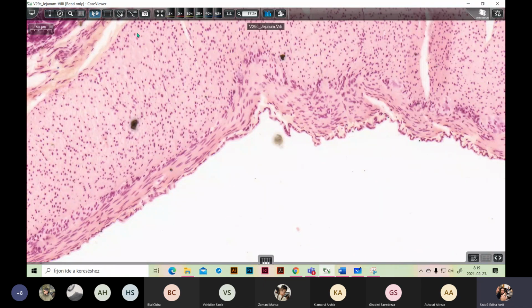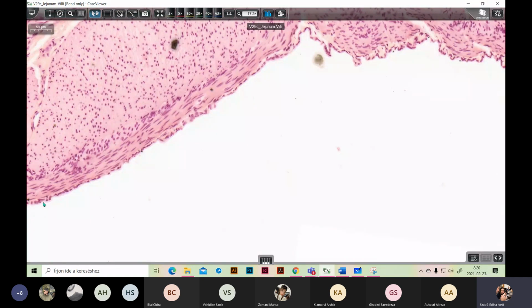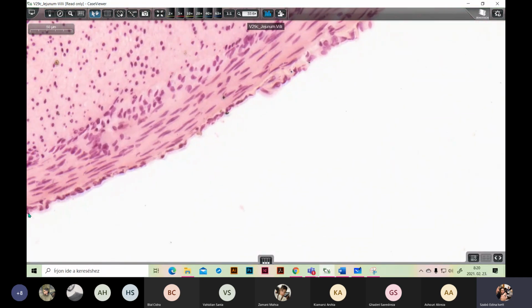Here you can see the smooth muscle cells in cross section because the cell nuclei have a roundish shape, and in this smooth muscle layer the cells are in longitudinal section because the cell nuclei have a rod shape.